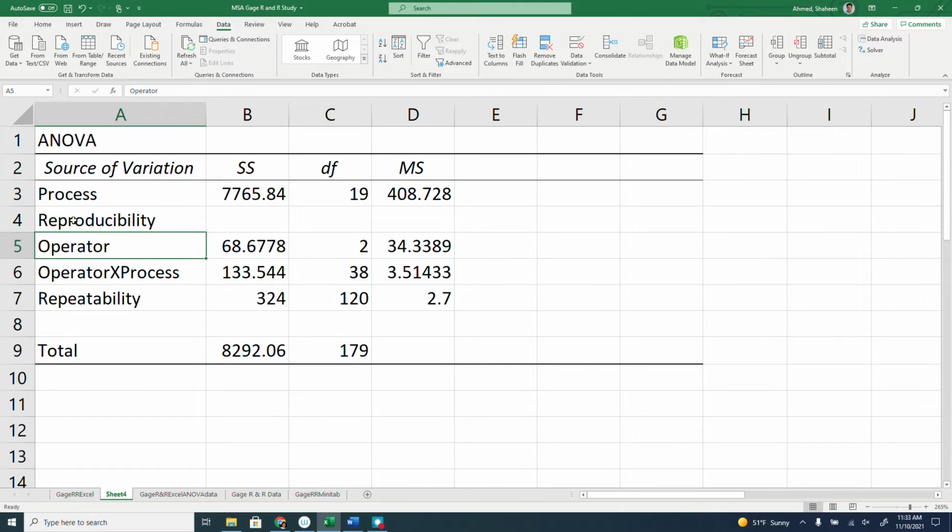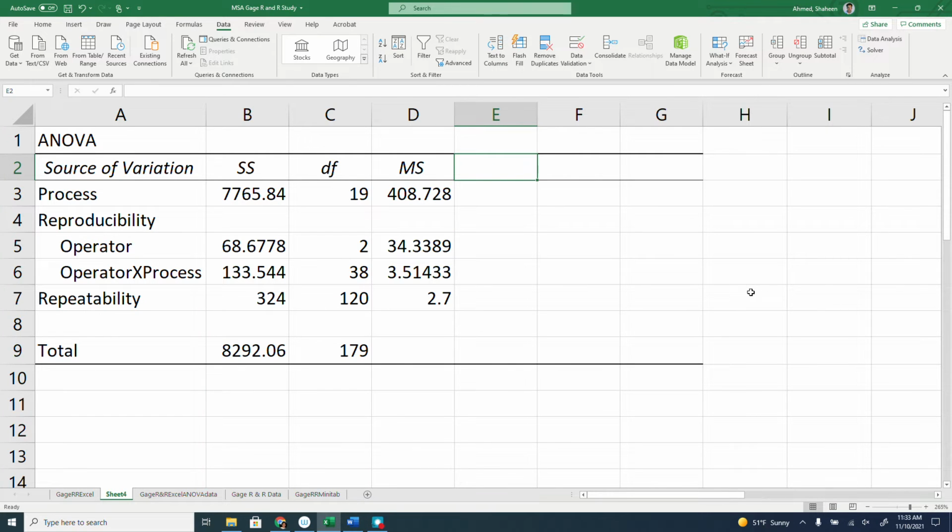Reproducibility, I hope I spelled that correctly. These two are related to the operator efficiency. How capable are these operators to measure this stuff? We can simply sum these two to get it here, but let's calculate those.